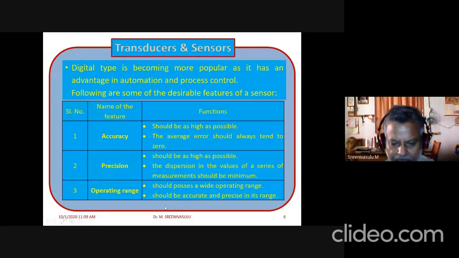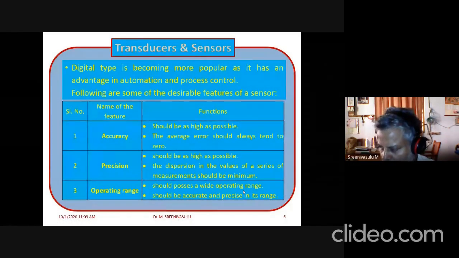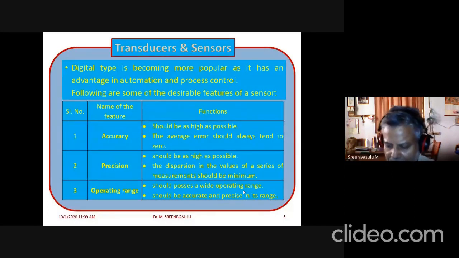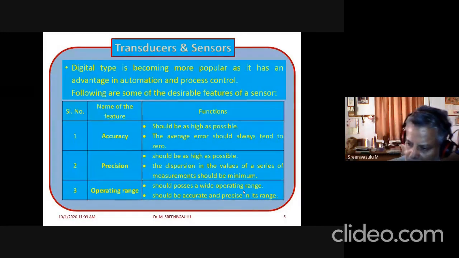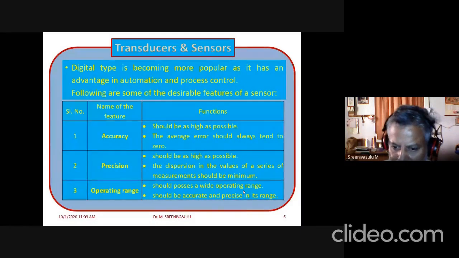Then coming to the operating range, it should have a high operating range. You all by now are habituated to using thermocouples, thermometers. A thermocouple normally used for positive values will not generally be put to use for negative values. We would have experienced that in the heat transfer laboratory, I believe, wherein negative values are there in the case of a refrigerator.